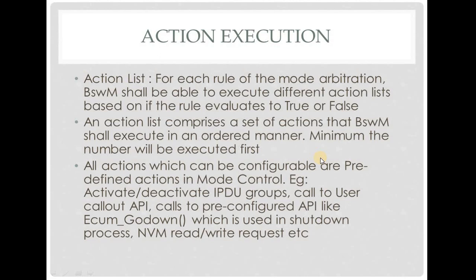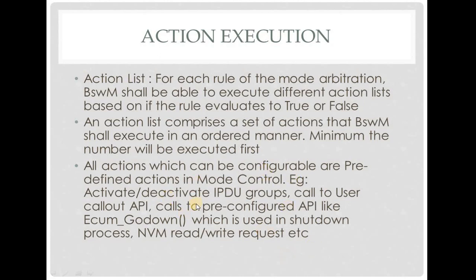All the actions which can be configured in the BSWM are predefined actions. Examples: activating and deactivating IPDU groups, calls to user callout APIs, calls to predefined APIs like ECUM go down, and NVM read write requests, meaning read write API calls.